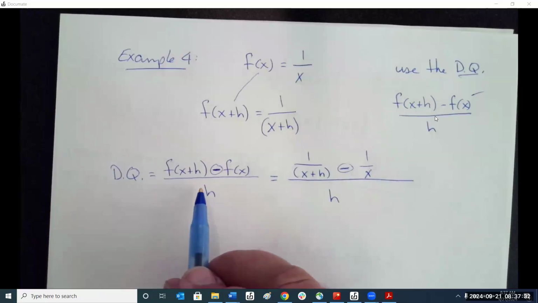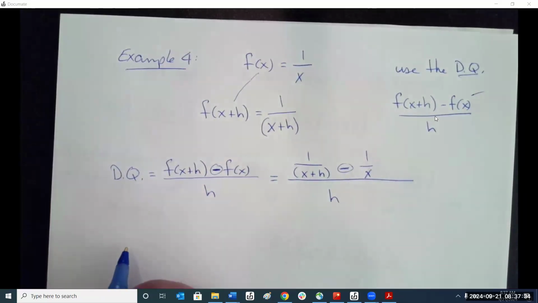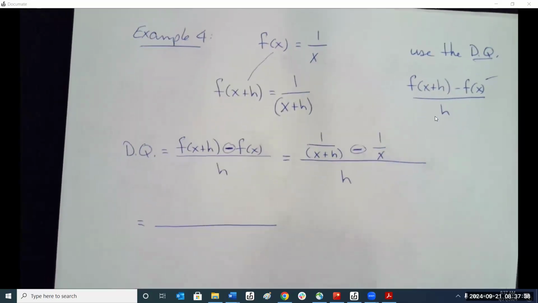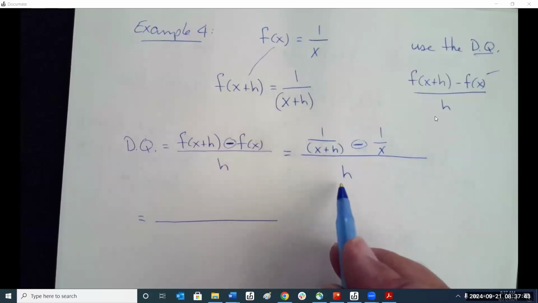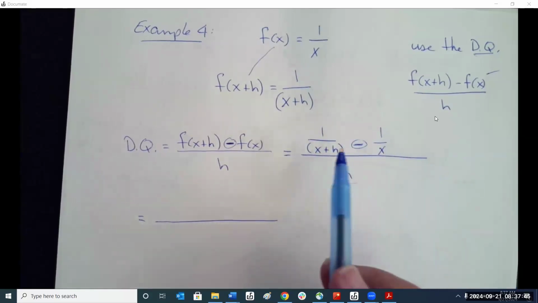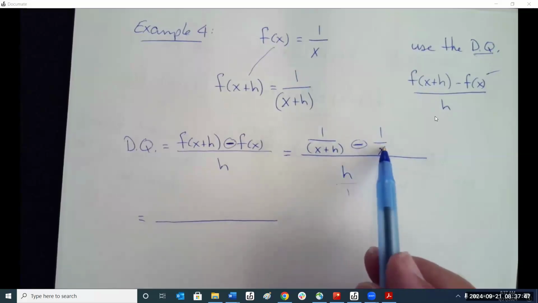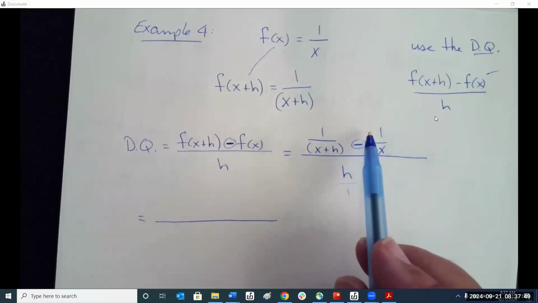So we have our function, we plug everything in there. Now we have to simplify. Look at the top. We have a fraction on top, and this is actually a fraction on the bottom. But we have this minus this, so we have to combine these two.